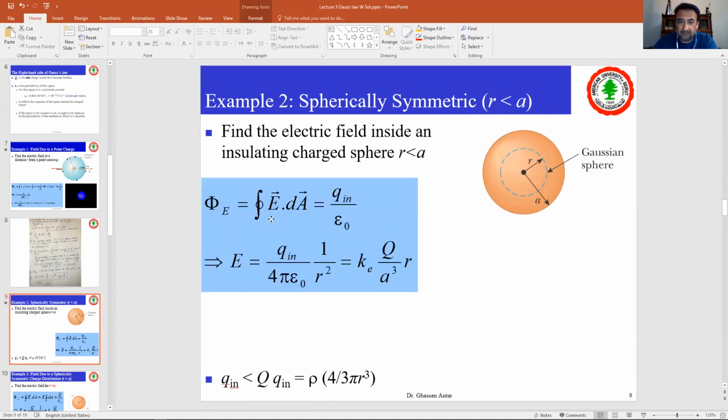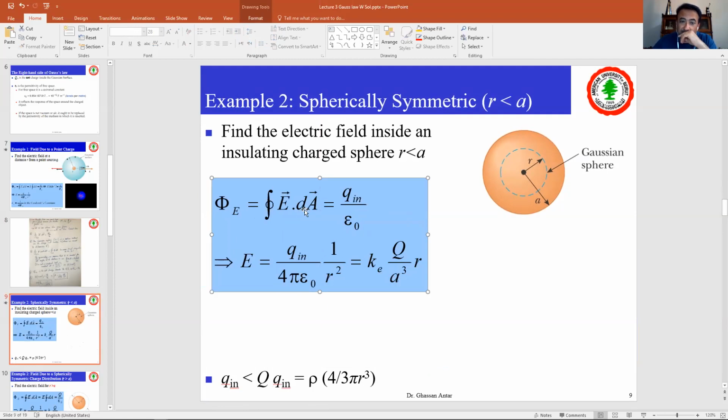So my phi E is equal. Once again, I want to have the electric field of a charge. Then what I'm going to do is use Gauss's law, which stands for phi E equal to the integration over the closed surface, the Gaussian surface, of E dA, equal to the charge inside divided by epsilon 0. Now what I want is to describe.